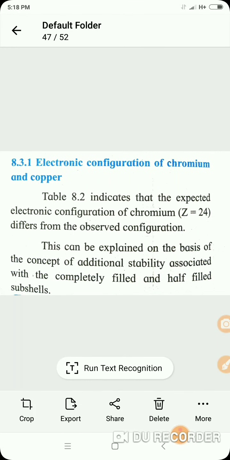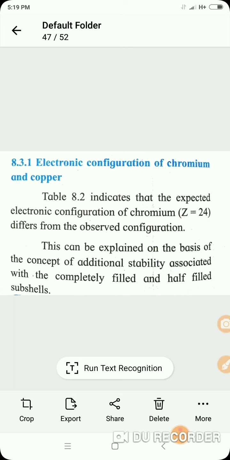Now see heading 8.3.1 from the chapter Transition and Inner Transition Elements, electronic configuration of chromium and copper. Table 8.2 indicates that the expected electronic configuration of chromium differs from the observed configuration.